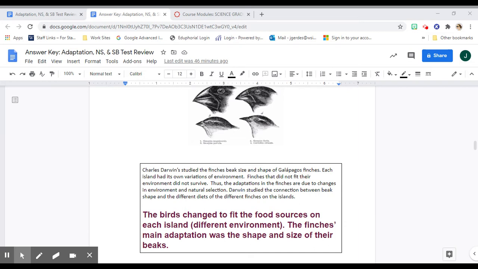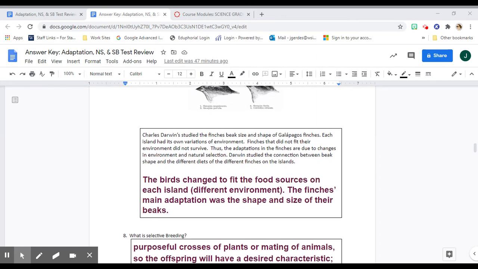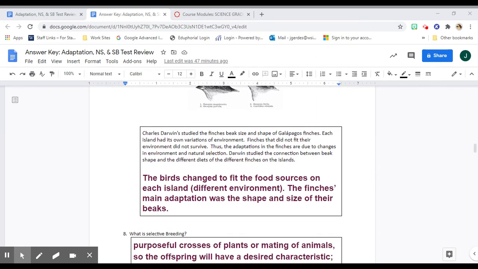So, remember, we read about the finches in class. I wanted to put that little piece kind of from the article there. But you should add something about the birds changed to fit the food sources on each island or their environment. The finches' main adaptation was the shape and size of their beaks. Remember, the different beaks allowed them to eat different things.